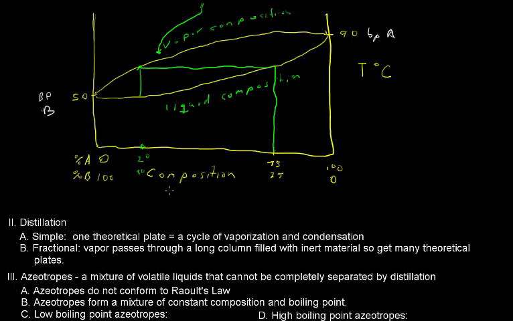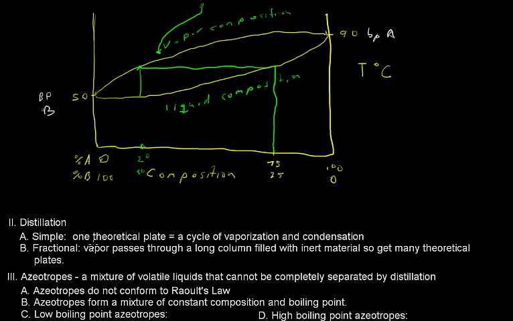The second type of distillation is a fractional distillation. And in a fractional distillation, and we'll draw a diagram of this in the second video on the procedure of distillation, the vapor is going to pass through a long column. It's filled with an inert material. And as the vapor passes through that column of the inert material, it will condense on the inert material and then revaporize because the hot vapor is transferring the heat onto the inert material.